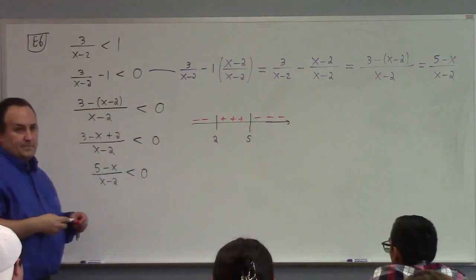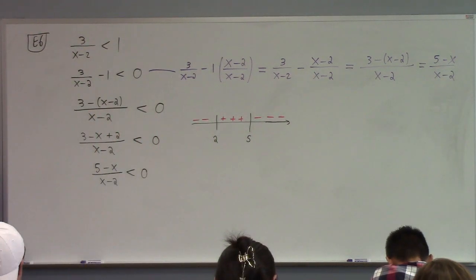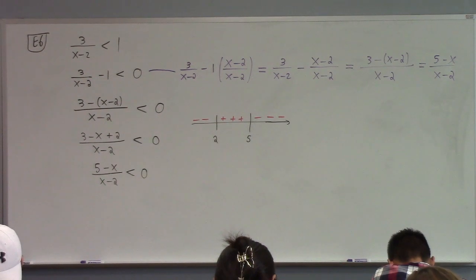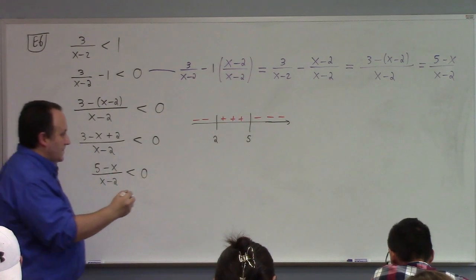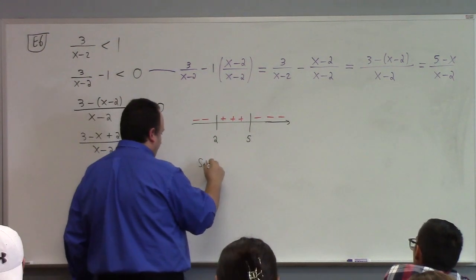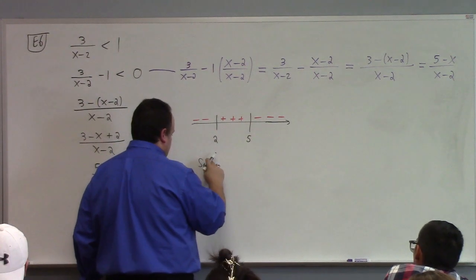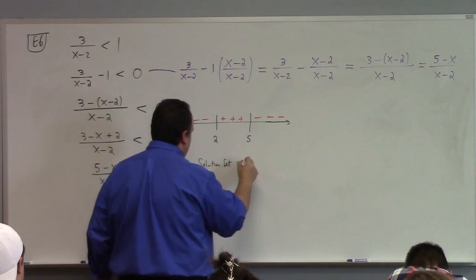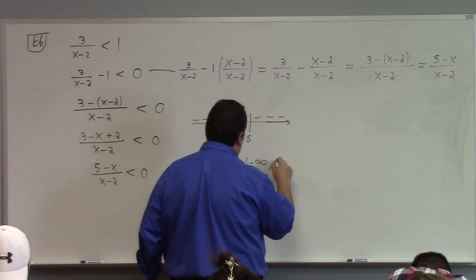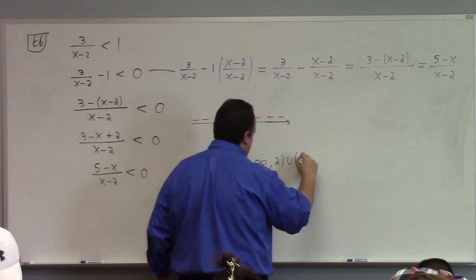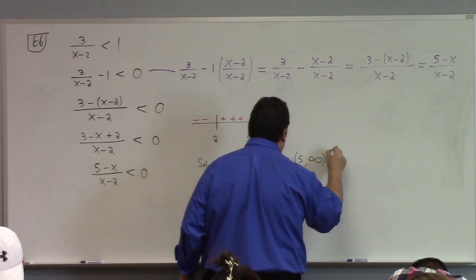Now I can solve the problem, right? What's the solution? Solution set equals minus infinity to 2, unioned with 5 to infinity.